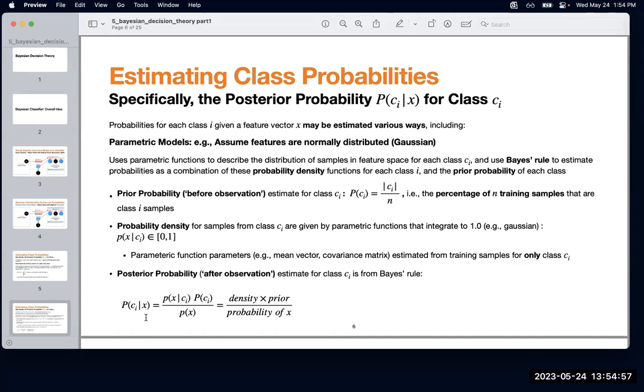That's the reason why we usually don't even estimate that marginal function. So the way that I would typically estimate my posterior would be just directly using the likelihood multiplied by the prior. That's it. You just ignore that denominator part, because most likely what's going to be done is just identify the posterior probability that would be the highest one.